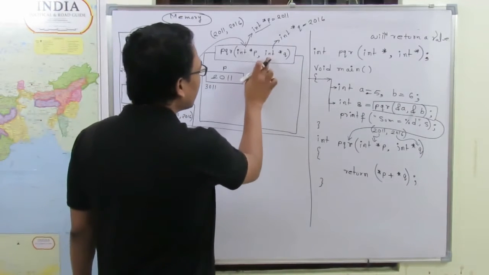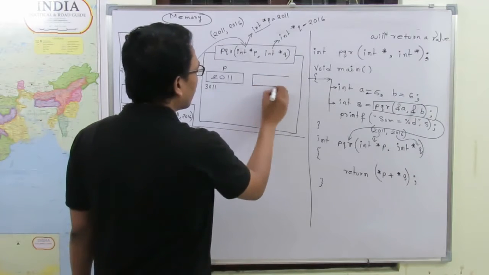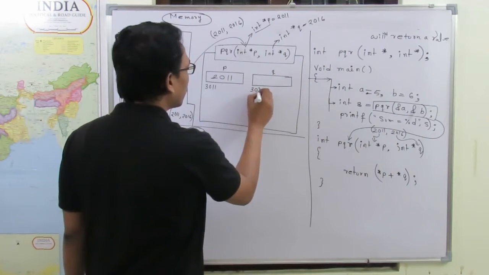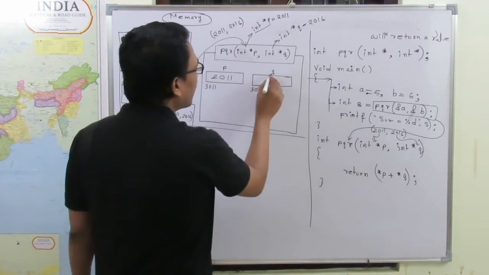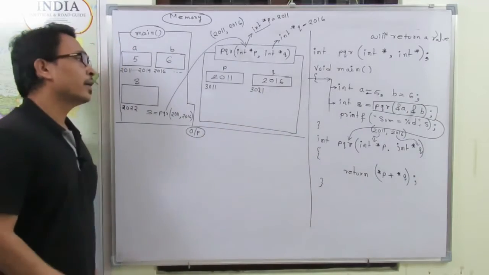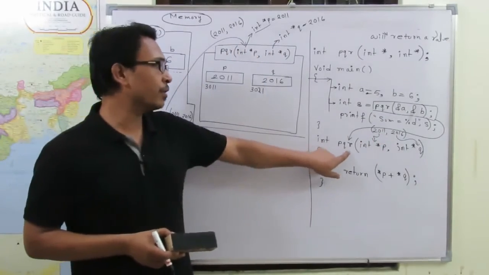The next memory block will be created for the pointer q, let's say the address is 3012, and the content of this pointer q will be 2016. Clear? Now both arguments are received by the function pqr.